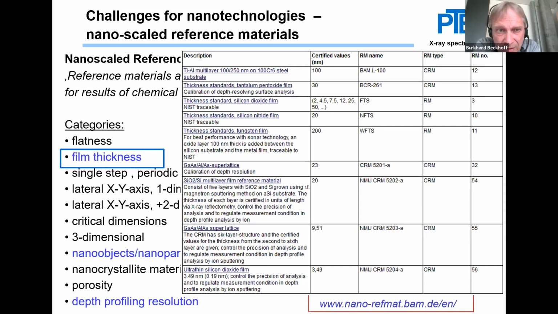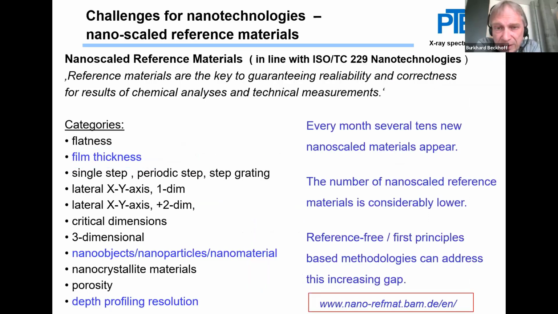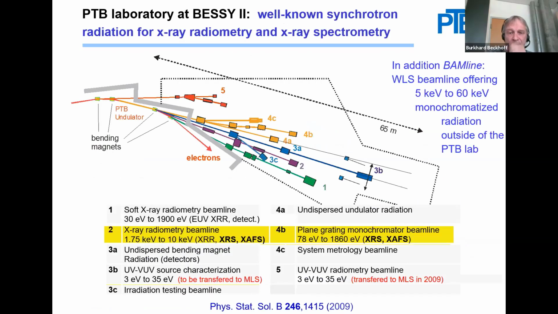So I started my talk saying that there are dozens of new materials popping up every month, and we have only 2 dozen thin film reference materials. And this is the reason why we decided to address this increasing gap between the existing number of nano-scaled reference materials and the new materials being introduced into the market. And this includes also surface contamination to be dealt with by TXRF and other techniques.